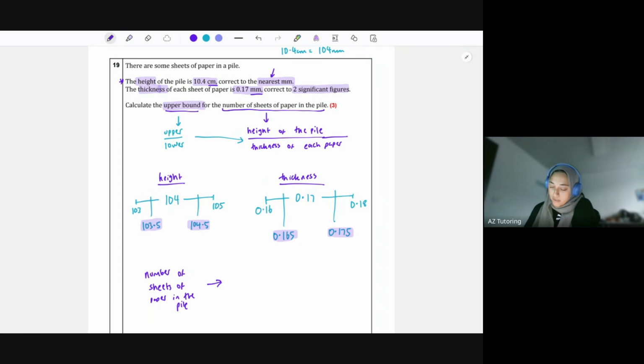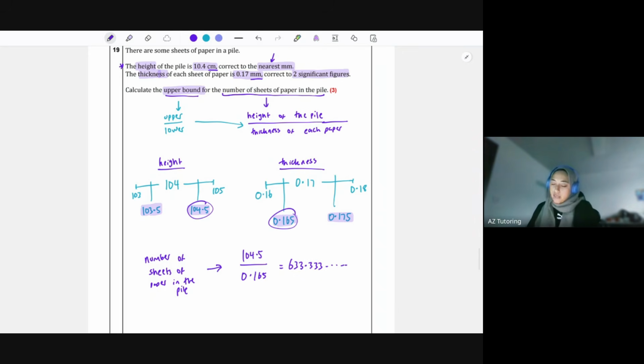So the height of the pile, we're taking the upper bound, which is 104.5. And I'm dividing that by the lower bound of the thickness of each paper, which is 0.165. Putting that in the calculator, I get 633.333 recurring. You can't have 0.3 of a sheet, essentially.